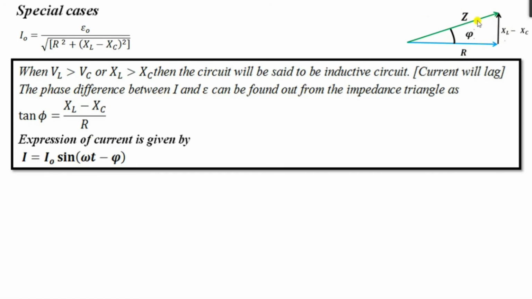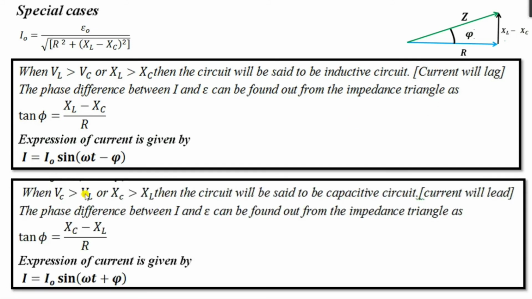In this triangle you can see tan phi is equal to XL minus XC by R. Using this you can find phi, and we already know that in an inductive circuit the current lags behind the voltage, so I'll write minus phi.